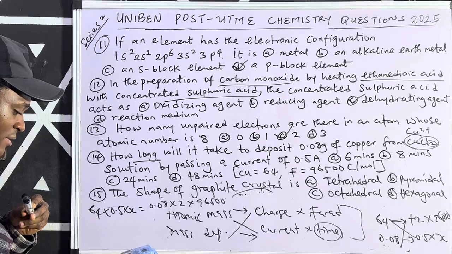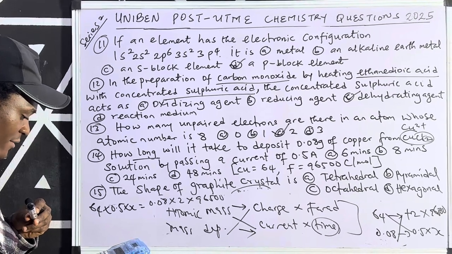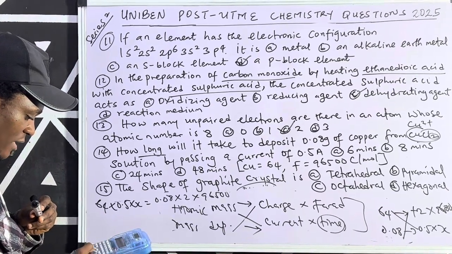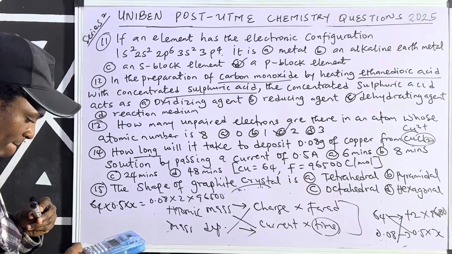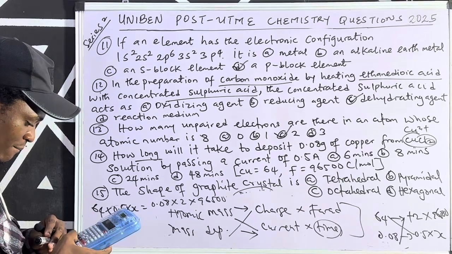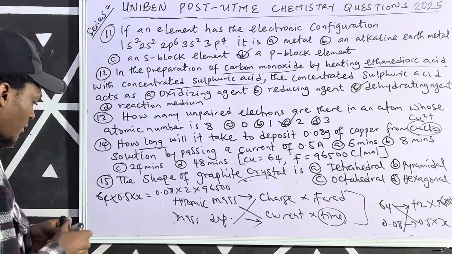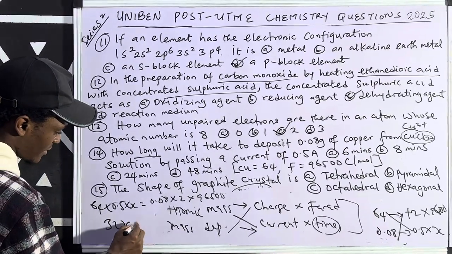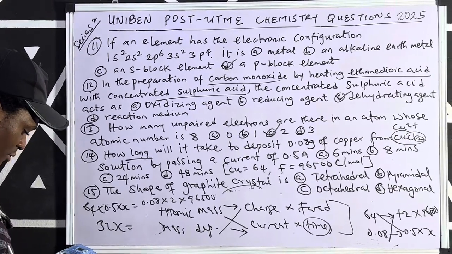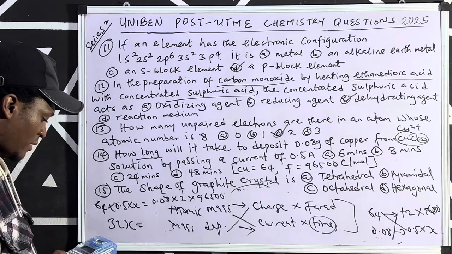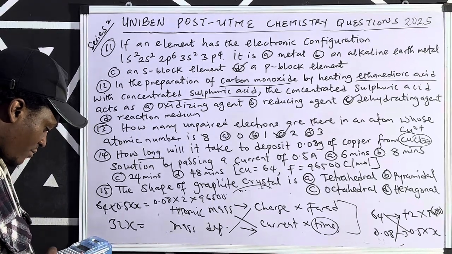So let's multiply 64 times 0.5. That should give us 32. So 64 times 0.5 is 32. So 32x equal to 0.08 times 2 times 96500.